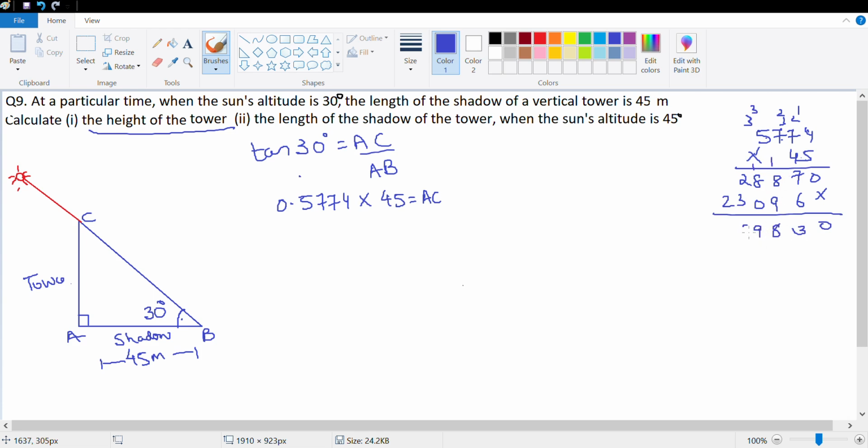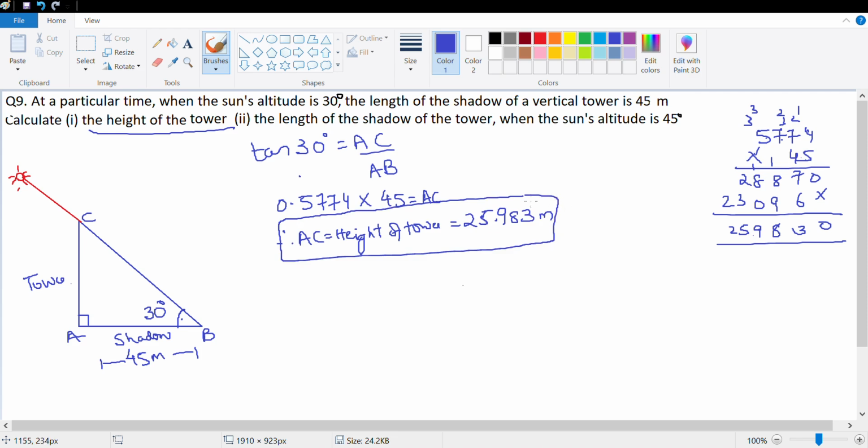This is 9, this is 5, this is 2. So 259830. How many decimals? 4. That's 1, 2, 3, 4. So that's 25.983. Therefore, AC, which is height of tower, is equal to 25.983 meter.